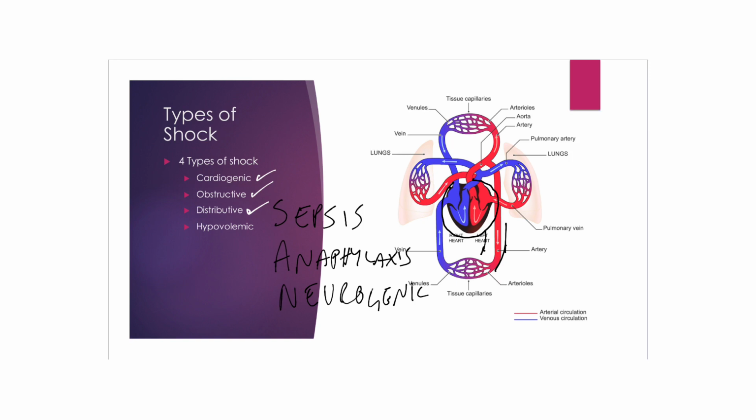That systemic inflammation causes your blood vessels to dilate, right? Because that's where you get your warmth from, the dilation of the blood vessels from that systemic inflammation. You also get leaky membranes, and that's where you get edema and fluid shifts and those sorts of things. And fluid will shift out of the blood vessel, unfortunately, which means they need volume replenishment.